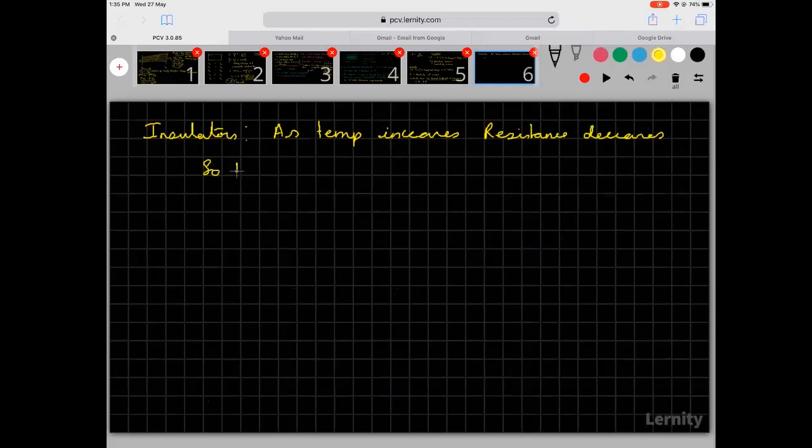So insulators have a negative thermal coefficient of resistance.